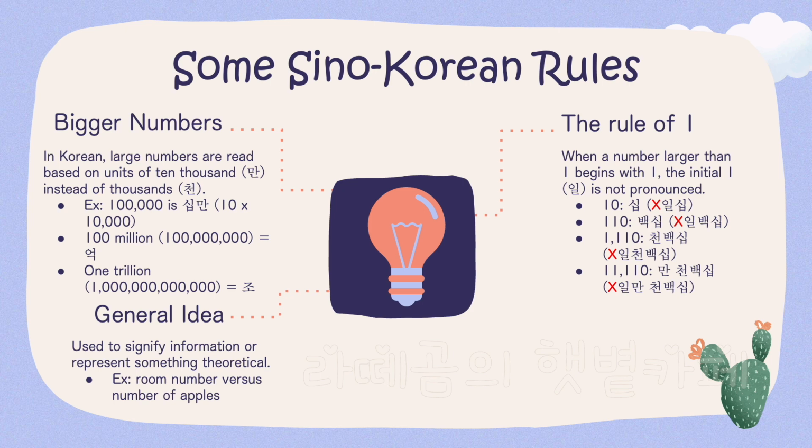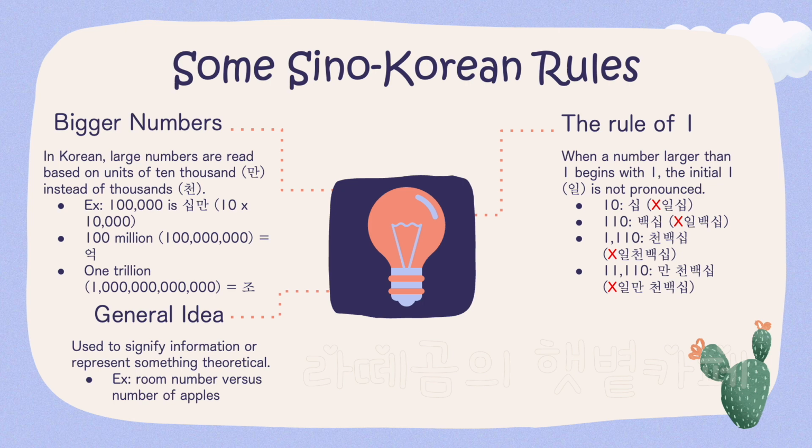Then we have 1110. It is just 천백십, not 일천백십. And the last one, 11,110, 만 천백십. It is not 일만 천백십.